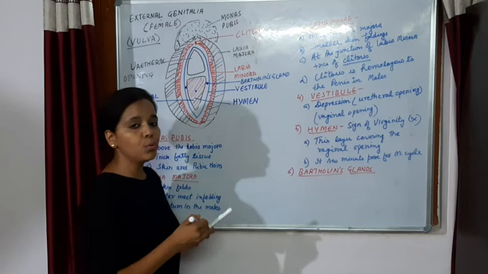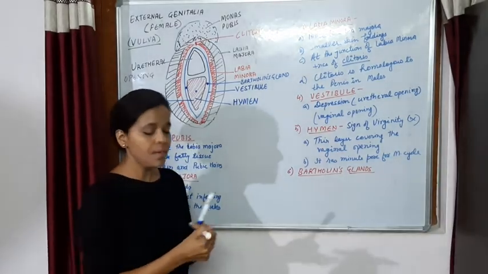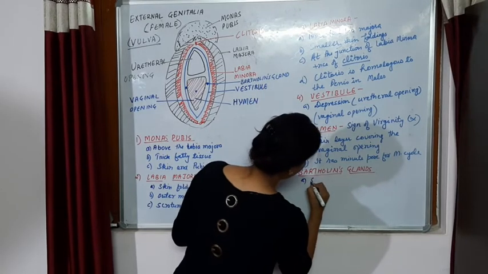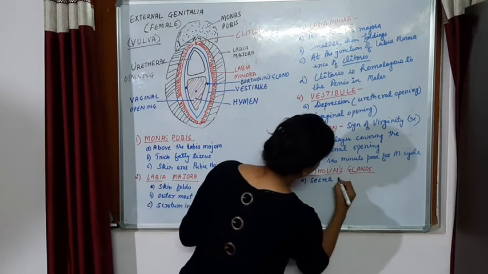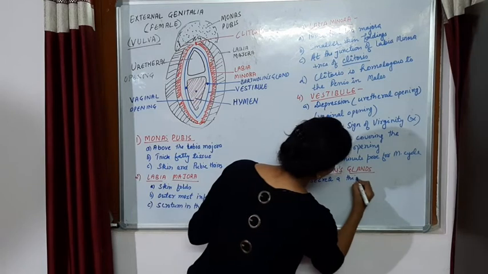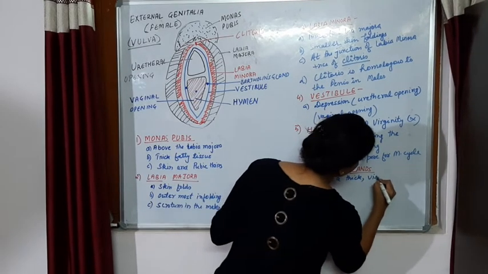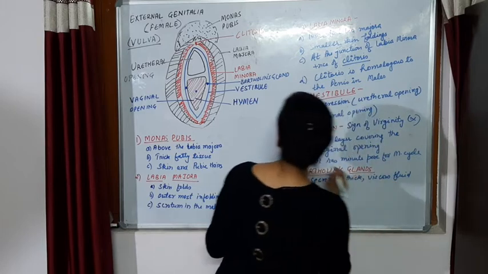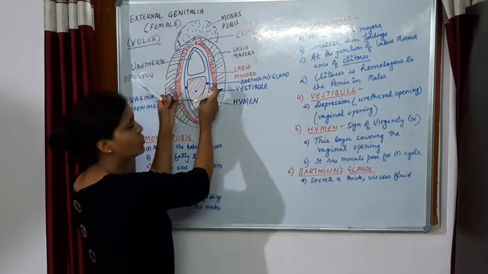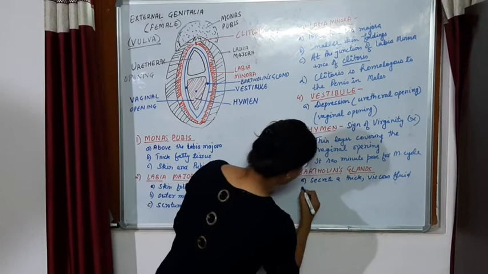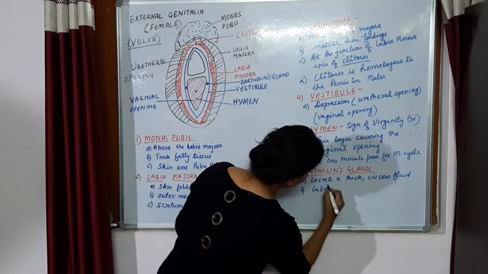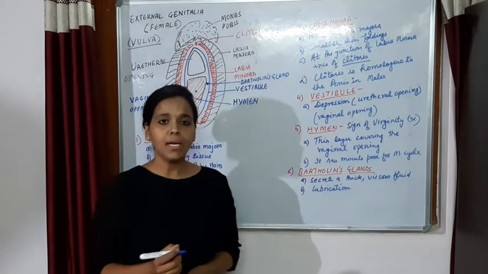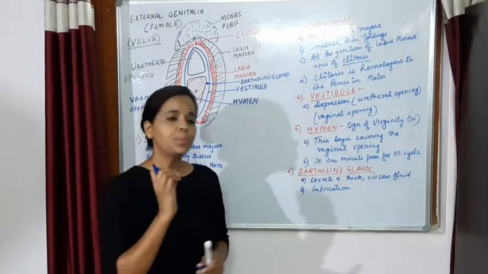And what will they do? They secrete a thick viscous fluid, which is given to the vagina, and it helps in lubrication so that the penis may enter the vagina for discharging the sperms.